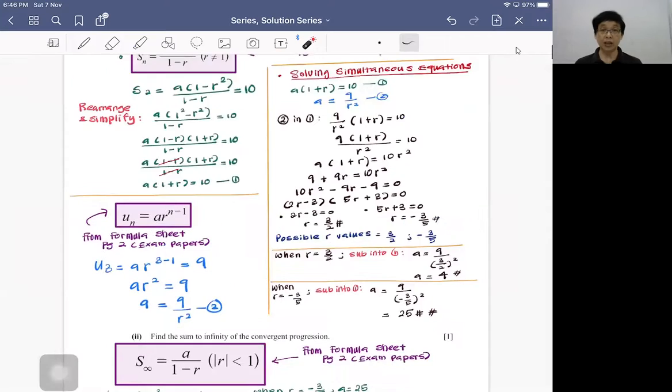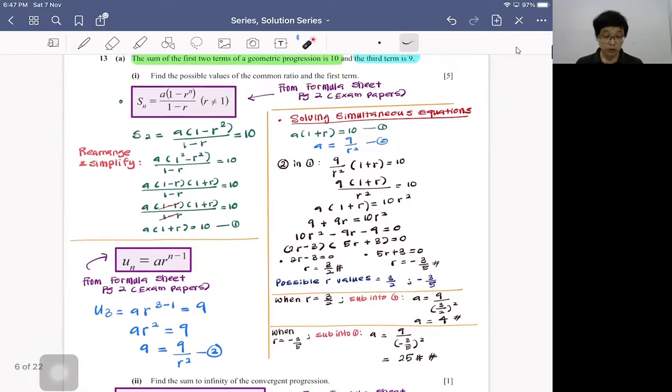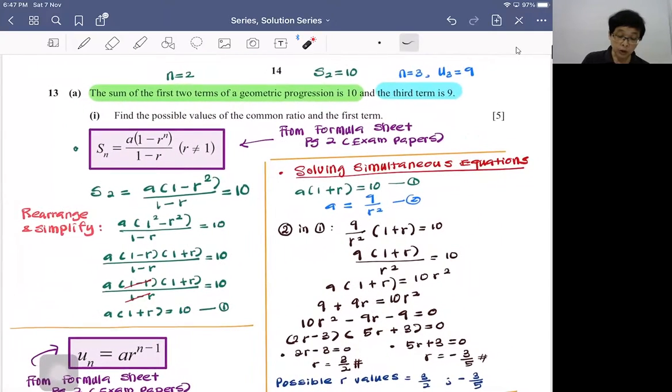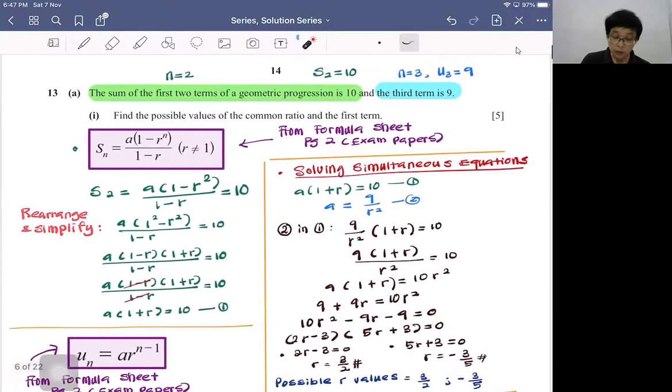Now, the next thing, we know that we're going to solve simultaneous equations. Why? Because we know that the mission that we wanted to achieve is to find two values. The first value is to find the common ratio. The second value is to find the first term.